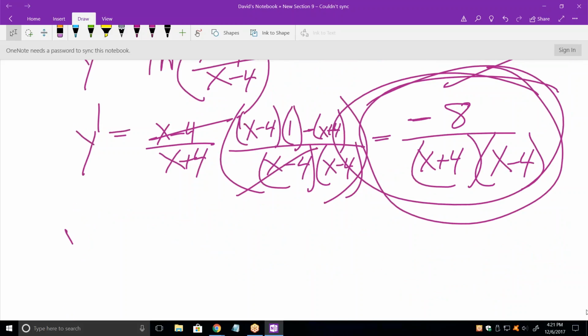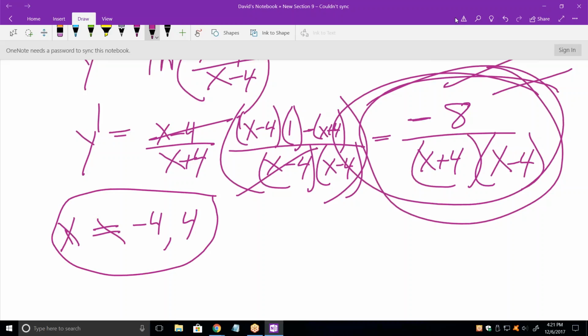In our answer over here, what values of x can I not have? Negative 4 or positive 4. That would cause division by 0. So automatically, it cannot have values of x that are either of those.